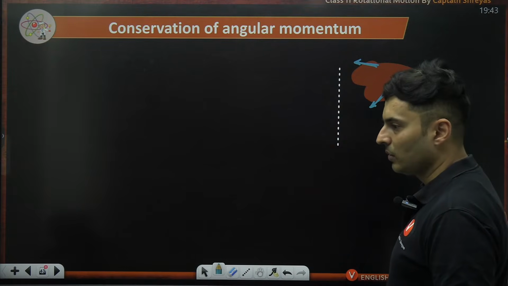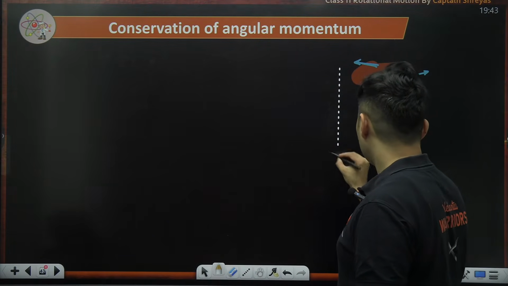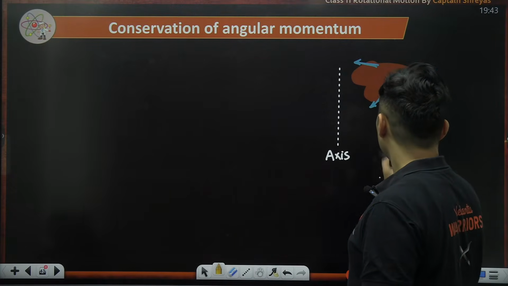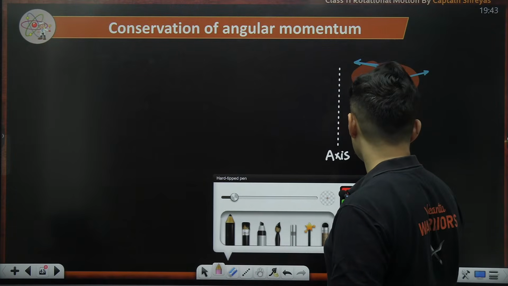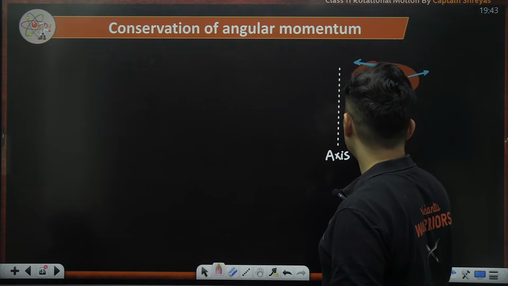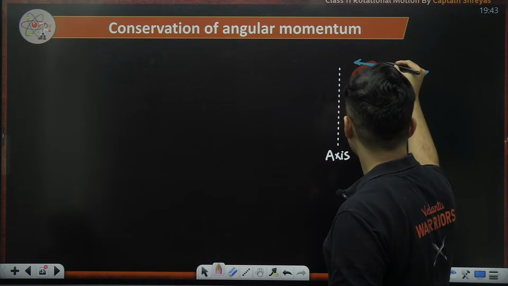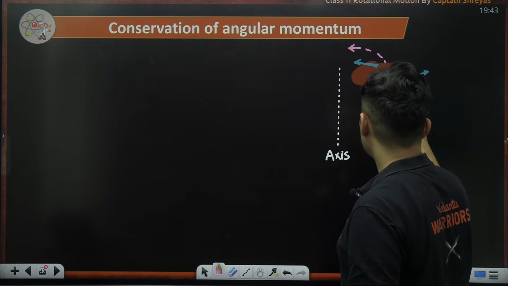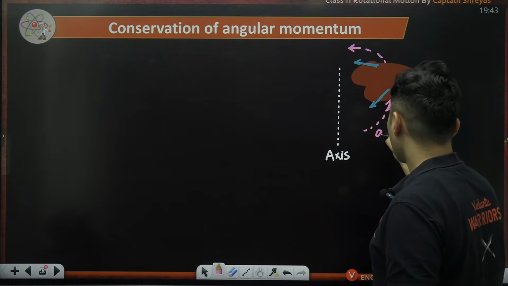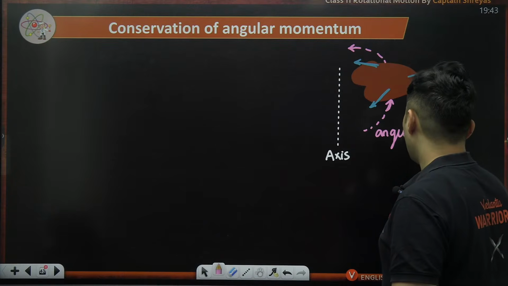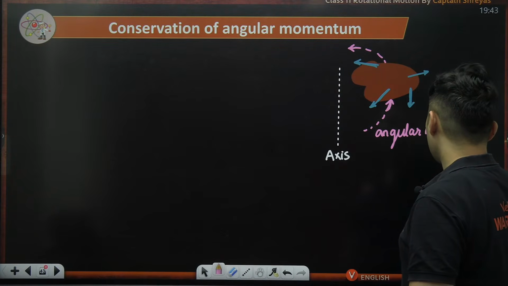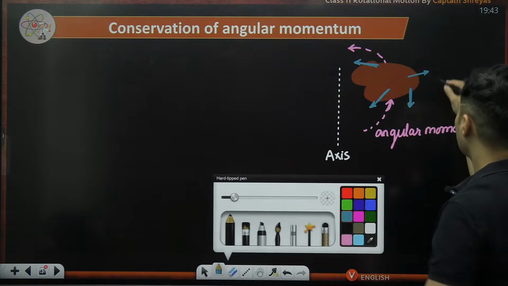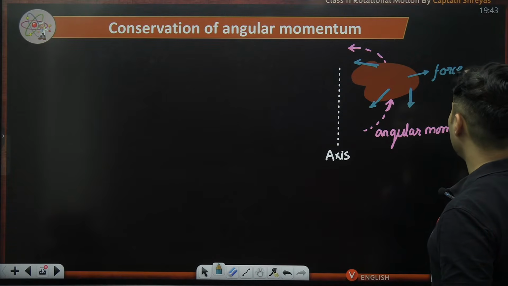About this particular axis, this body might be rotating. Maybe it has some kind of angular momentum, and these are basically some forces acting on it.